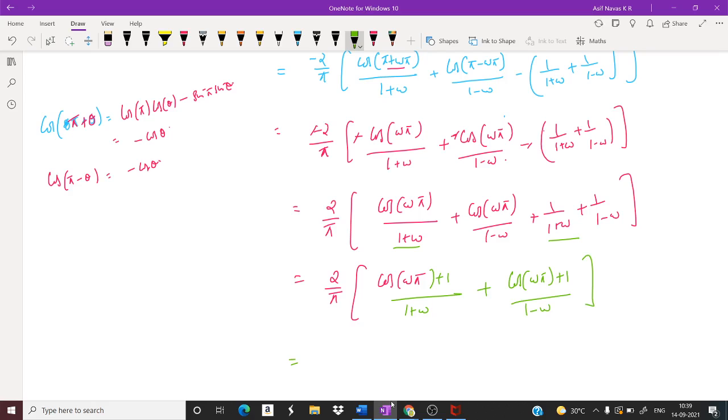I can take outside cos omega pi plus 1. So 2 into cos omega pi plus 1 divided by pi times 1 by 1 plus omega plus 1 by 1 minus omega.